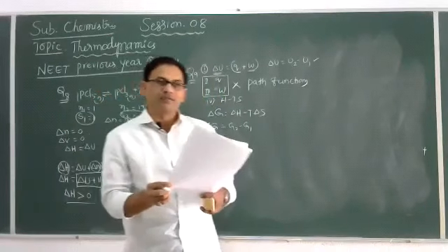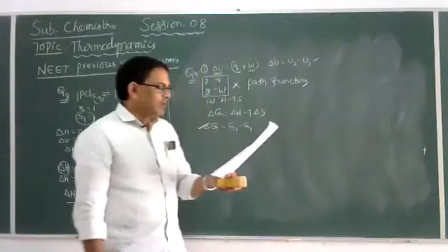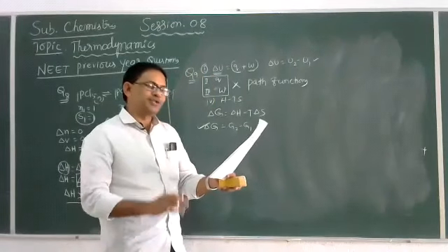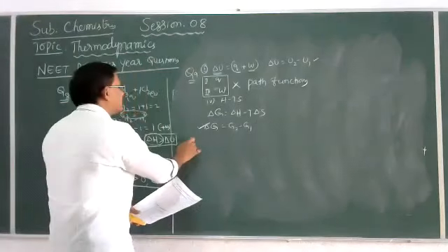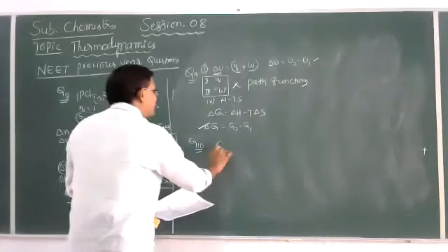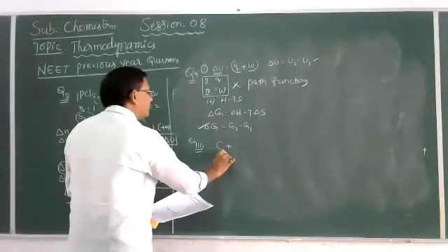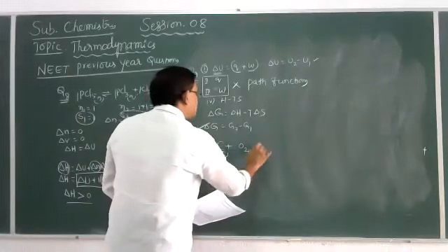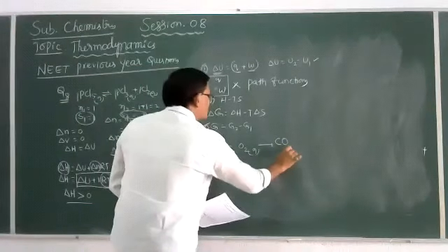Next, question number 10. The values of delta H and delta S for a reaction are given. That reaction is C graphite, which is solid, plus O2 gas, giving CO2 gas.